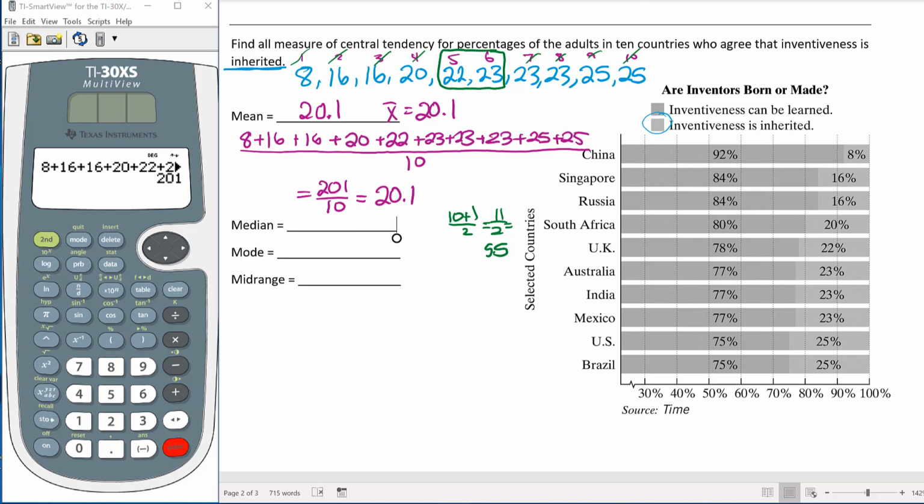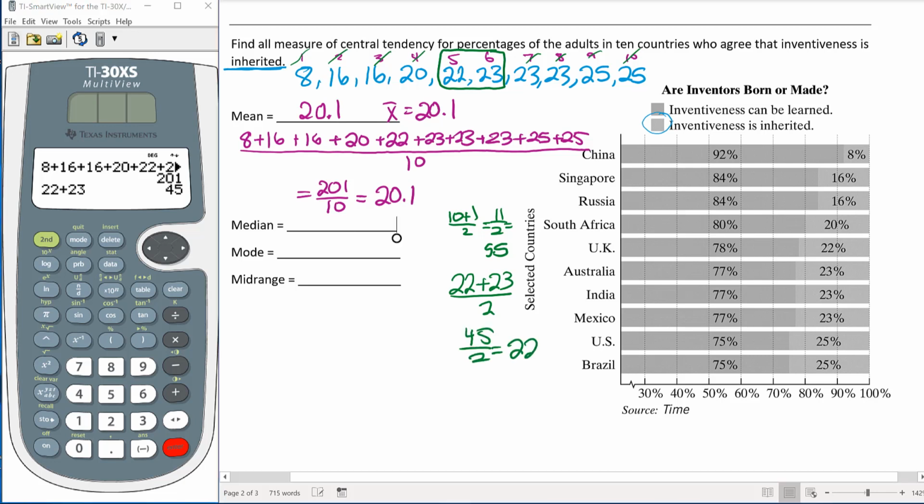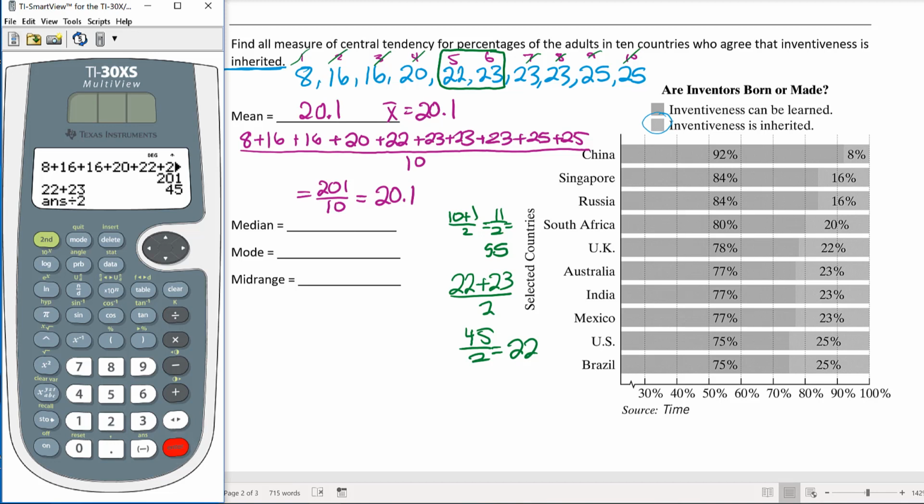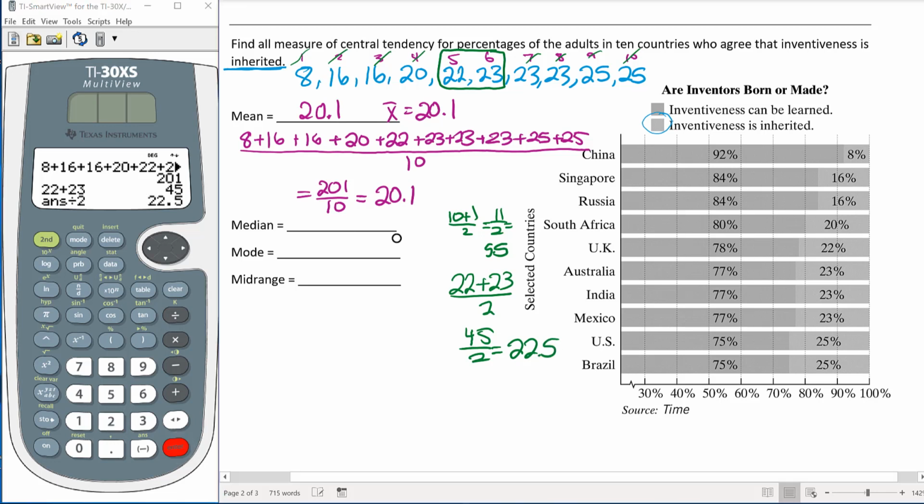To get the median, I take those two middlemost numbers, add them up and divide by 2. So 22 plus 23 is 45, and 45 divided by 2 is 22.5. So your median is 22.5.